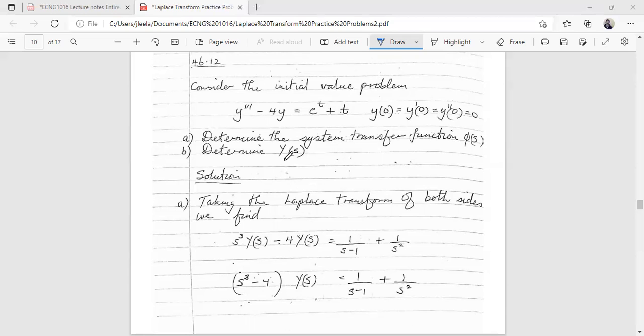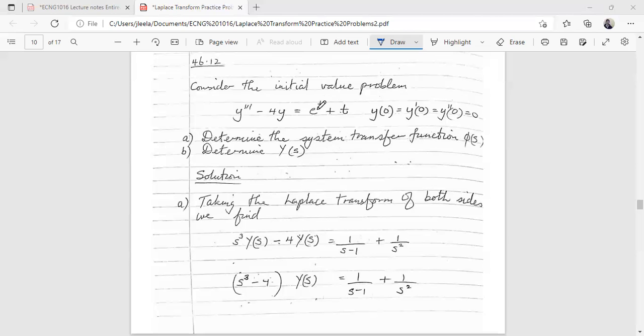So y(0), y prime (0), and y double prime (0) will all be equal to 0, right? Now remember, when you take the Laplace of y triple prime, you'll get s cubed Ys, and all the other terms will become 0. So you'll get s cubed Ys minus 4Ys.